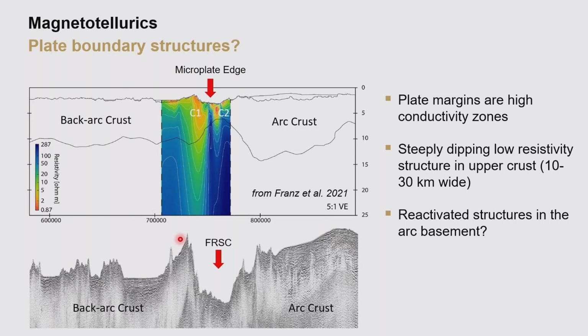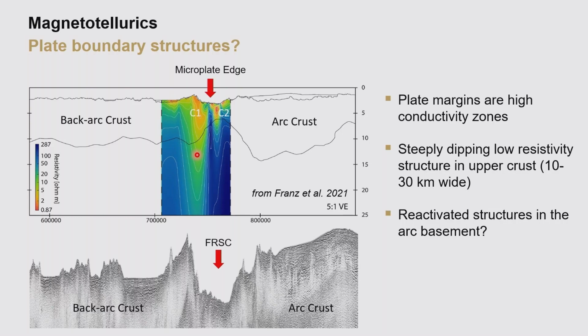We don't really know how to interpret this except to say that we see strong, steeply dipping conductors, and they appear to be marking the plate boundary. We only had one deployment, so we weren't able to instrument other plate boundaries that we would have liked to, and see if that's really a common feature of those boundaries.